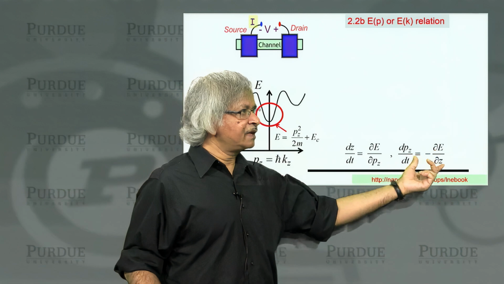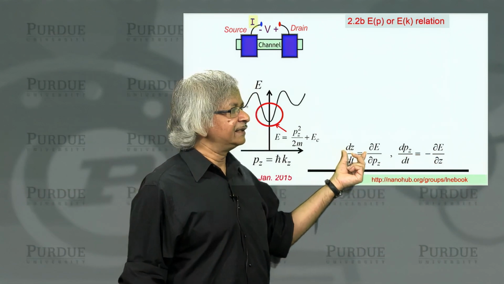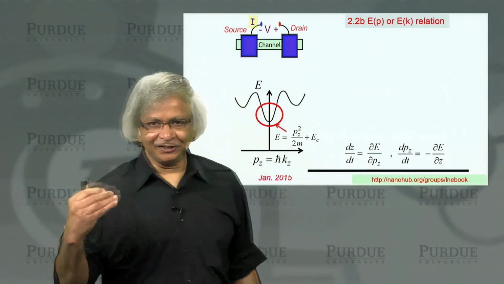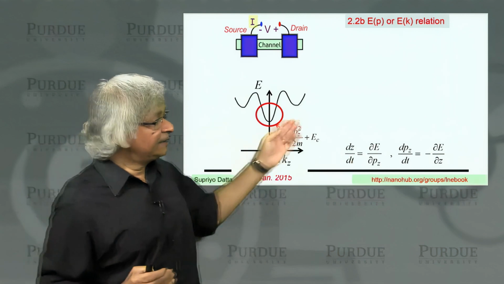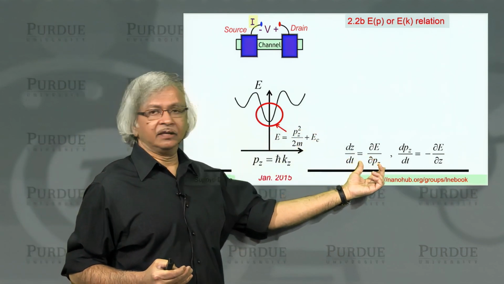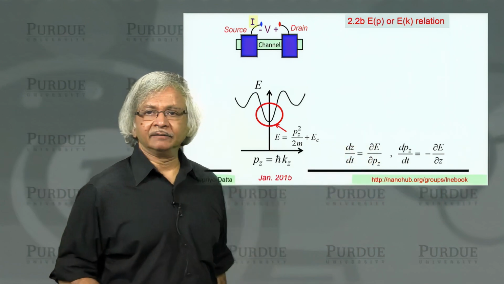That's this. It's this other one that may or may not be familiar to you, and that says that the velocity, which is dz/dt, the rate at which this electron's position changes, that's proportional to ∂E/∂p, the derivative of energy with respect to momentum.